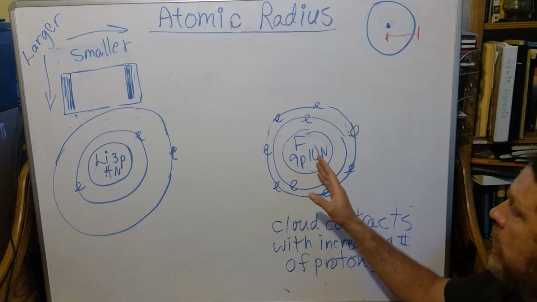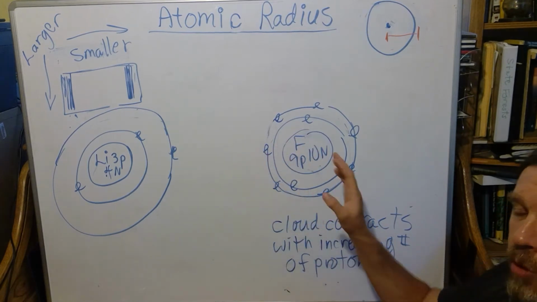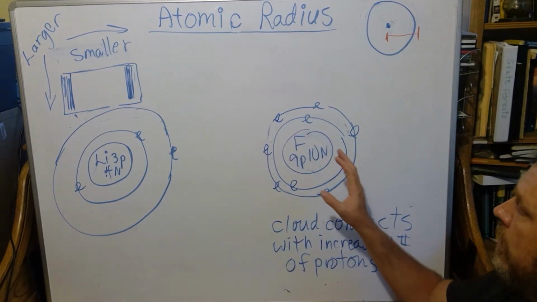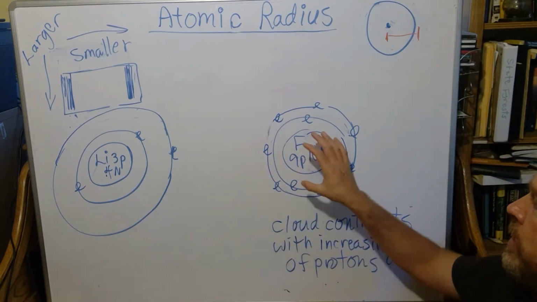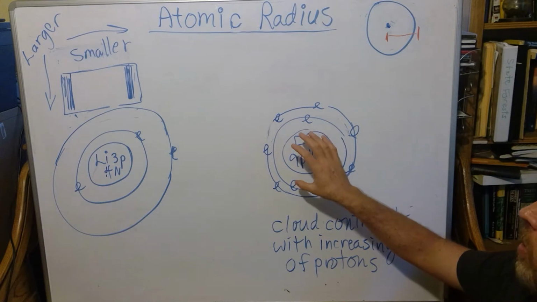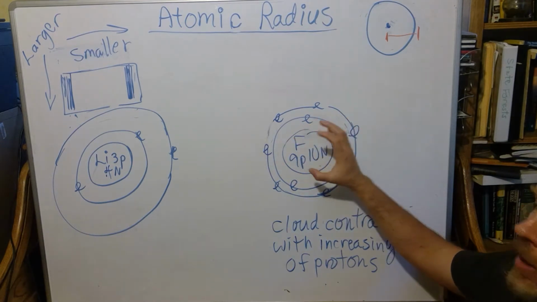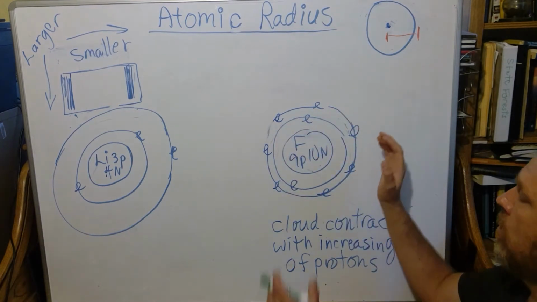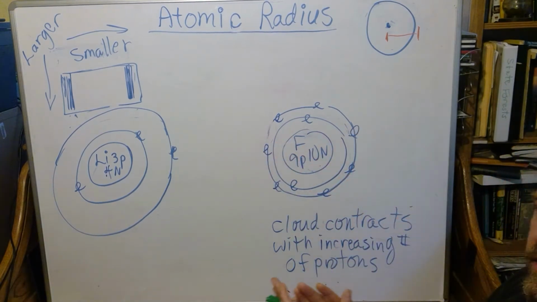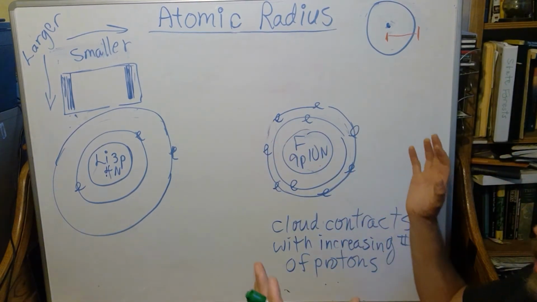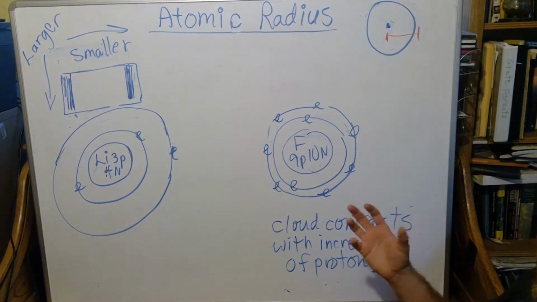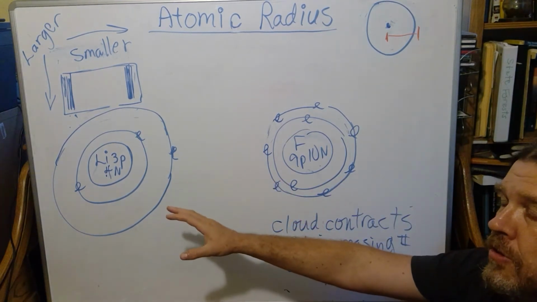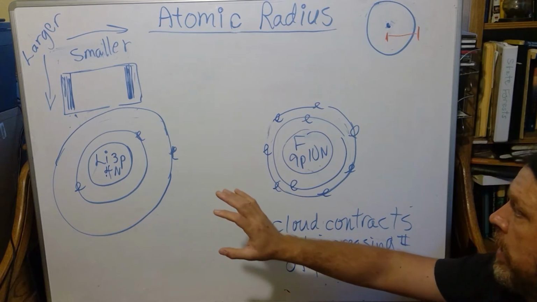We have a difference of 6 protons between lithium and fluorine, so you can understand why this increasing amount of positive charge in the nucleus is tugging on the electrons in this cloud, thus contracting those shells, as we call them, and giving an overall smaller size to fluorine.